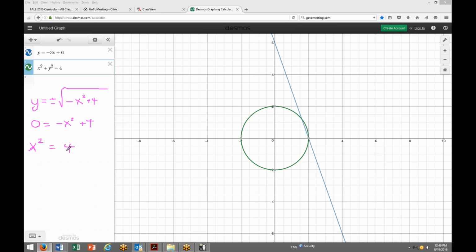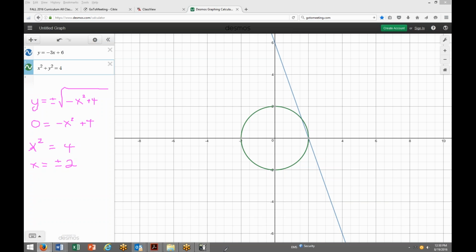And the simplest way to solve this, again, is to take the square root of both sides, giving us x equals, and here you have to remember, so important, plus or minus. It's not just x equals 2, it's x equals plus or minus 2. Why? Because positive 2 squared gives you 4, but also negative 2 times negative 2, the negatives cancel, and also gives you positive 4.